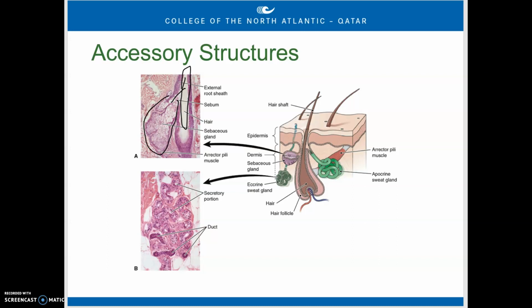Now, keep in mind, when we're looking at a transverse section like this, we're looking at a 2D image, right? So we can't see the coiled structure. All we're seeing is a slice through that coiled structure. So if you picture a 3D image here, these little circles that you see here, these ducts that are lined with cuboidal epithelial tissue, those are going to be the cut ends of a twisted coiled organ.